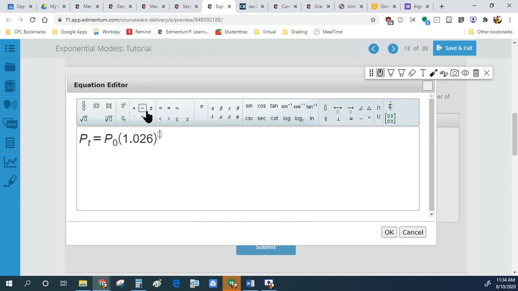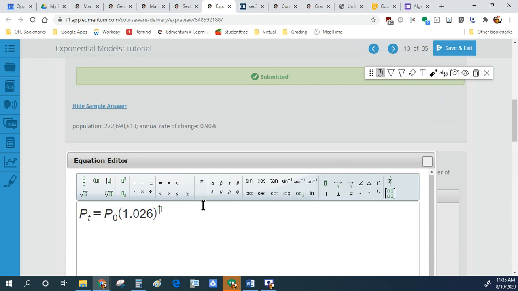We're going to raise it to the exponent. Actually, we don't even have to make it a fraction because it's talking about every year. So we're going to put this as T.